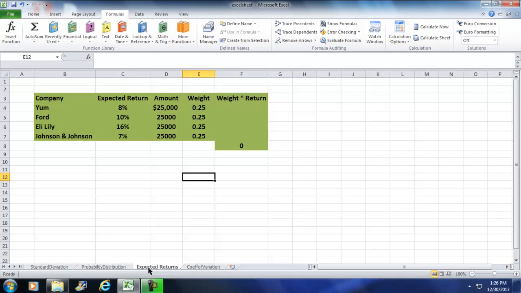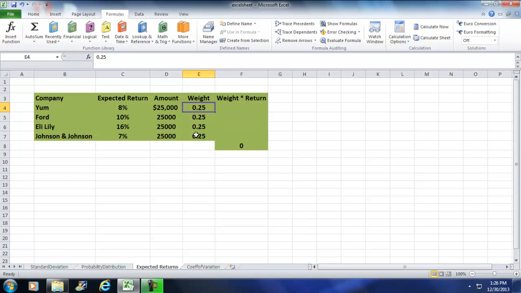If you look on your screen now, I have 4 companies: Yum, Ford, Eli Lilly, and Johnson & Johnson, and each of their expected returns. These expected returns were probably based upon historic data, and you can see that it looks like Eli Lilly is the highest of the 4 when it comes to expected returns, so it's the highest of the risk of the 4 companies. And to keep it simple, I put 25,000 of each amount, so a total of 100,000, so the weight was easy.